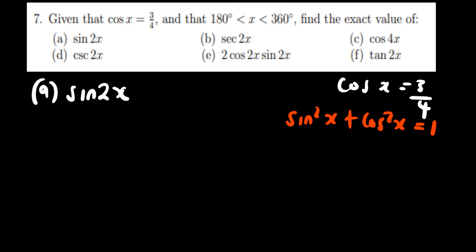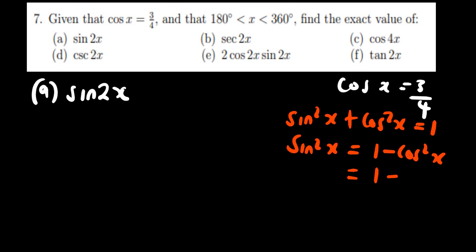If we're going to find sine squared x, it will just be equal to 1 minus cos squared x. Then what do we do now? 1 minus, what is cos squared?